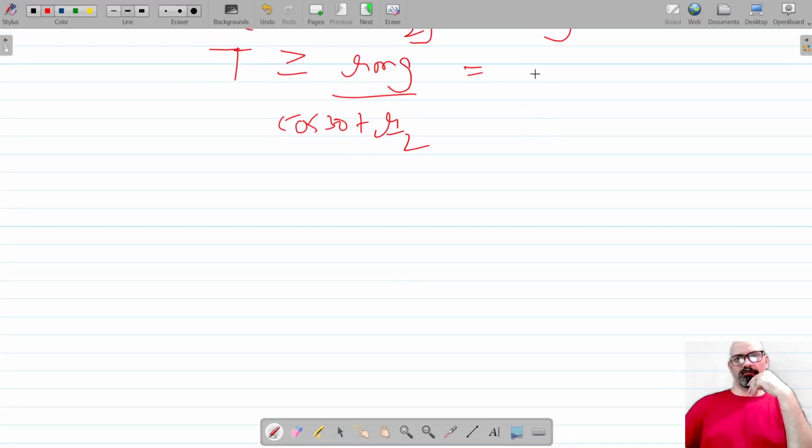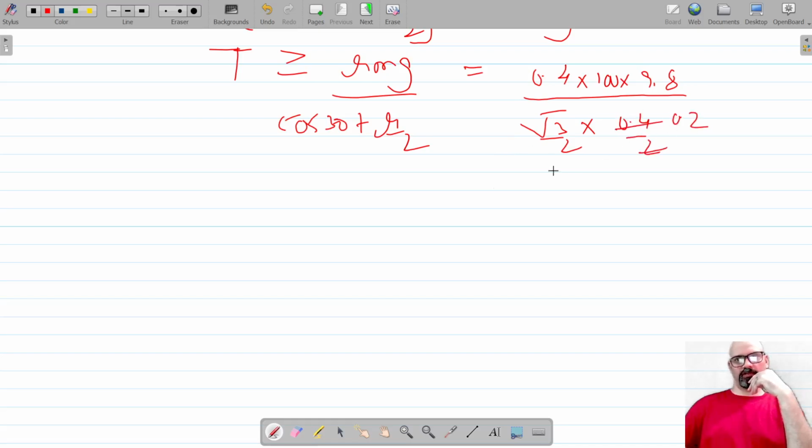So mu is 0.4, mass is 100 kg, g is 9.8, cos 30 is root 3 by 2, mu is 0.4, so mu by 2 is 0.2.